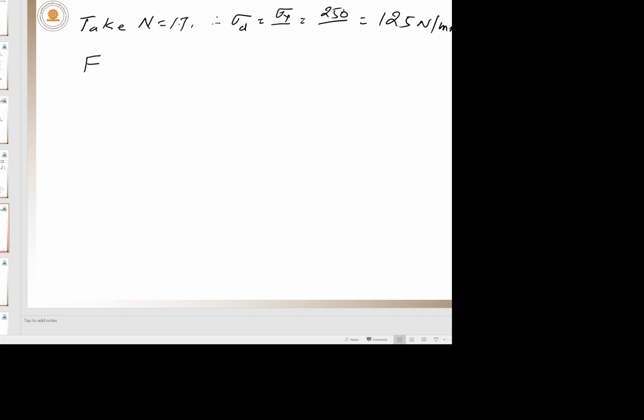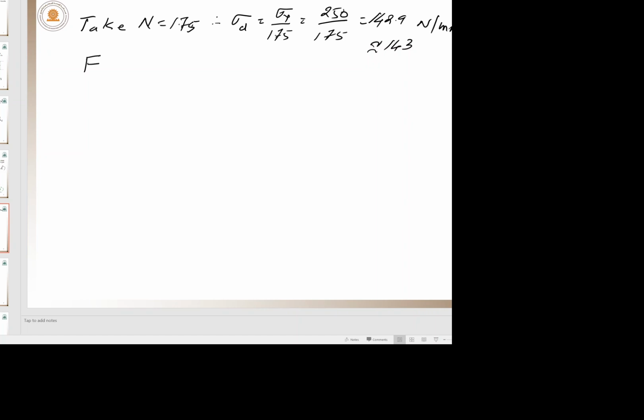This is 1.75 he gives. How much is this value? 142.9, about 143 Newton per millimeter square.